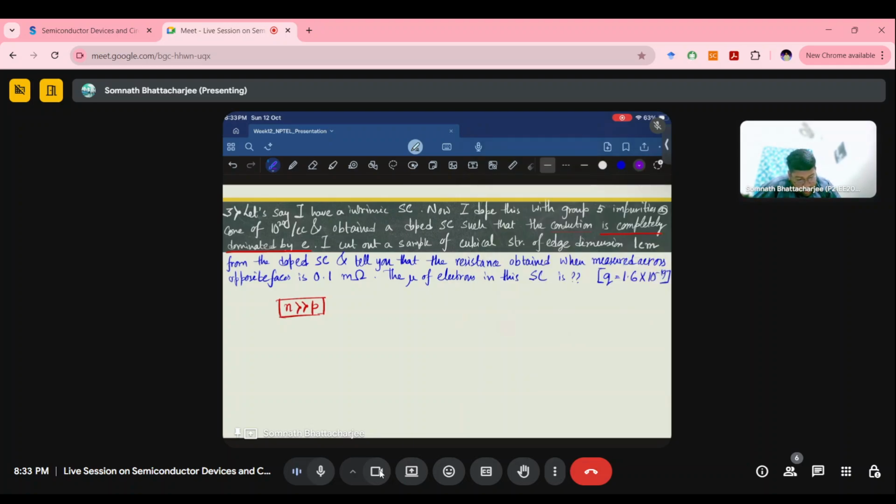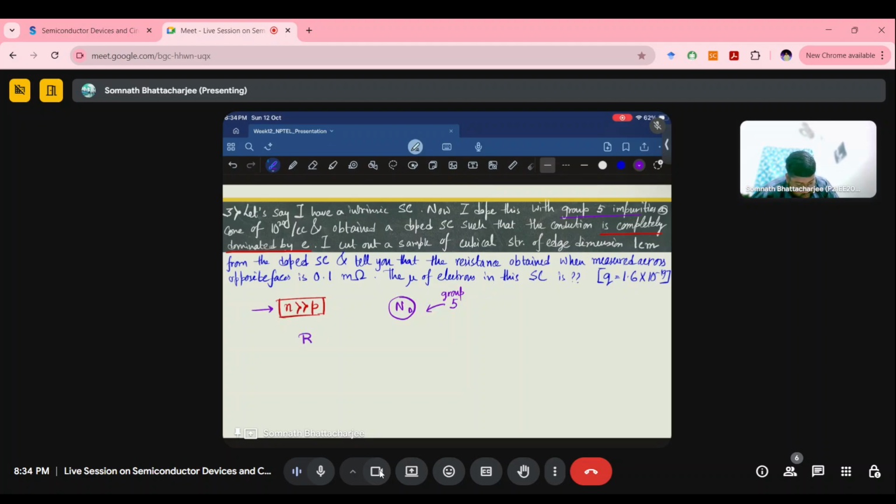So in the question it is already written group 5 impurity, so that means that the dopant is Nd, okay, as it is group 5. Now we also know this is it because this is already dominated by e greater than p. So what we'll do here is that we have to just find out this.